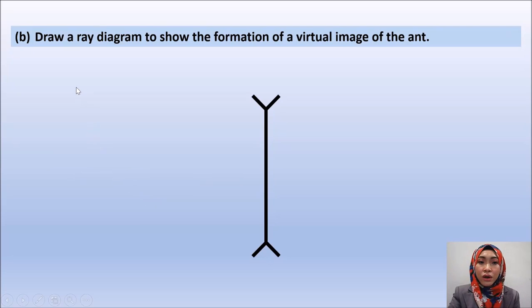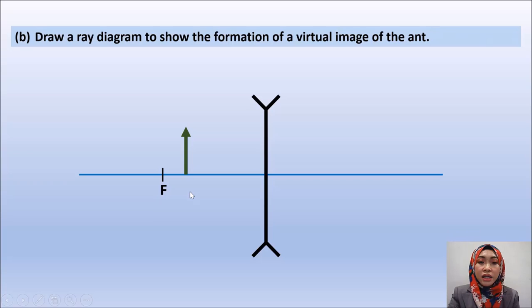Next, you have to draw a ray diagram to show the formation of a virtual image of the ant. So this is the symbol for a concave lens. First, you draw the principal axis, and then you draw the focal point, then the object, and a ray which is parallel to the principal axis is refracted and appears to come from the focal point.